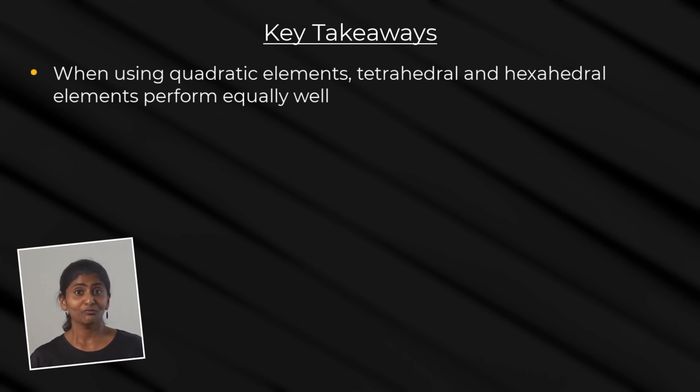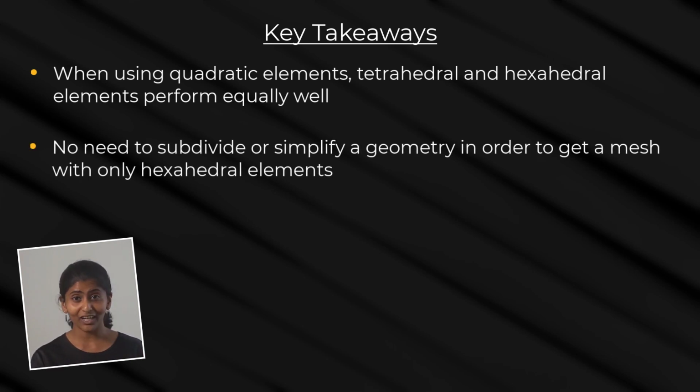Of course, we usually would want to define the element size or define local mesh controls, but in most cases there is no need to subdivide or simplify a geometry in order to get an all hexahedral mesh, as that is not needed to get a computationally efficient and numerically accurate model.